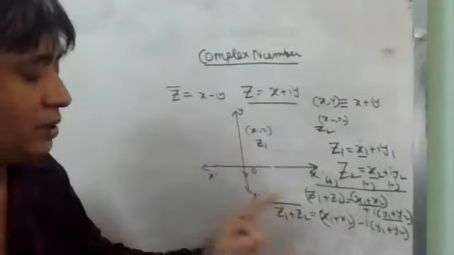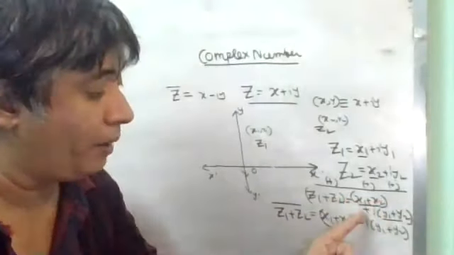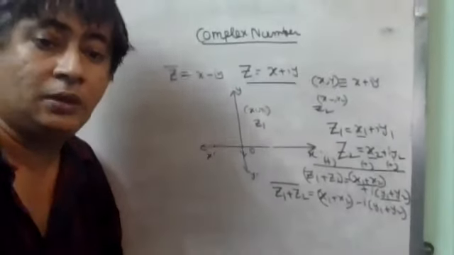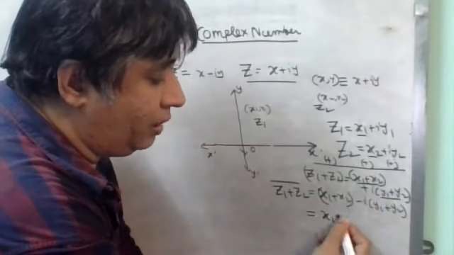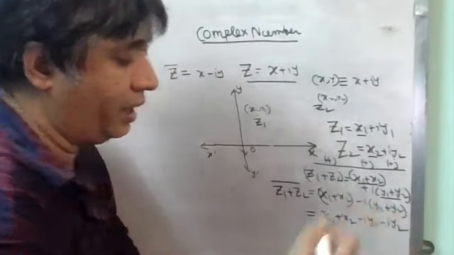So z1 plus z2 whole bar is this component minus i into this component. So remove the brackets: x1 plus x2 minus iy1 minus iy2.